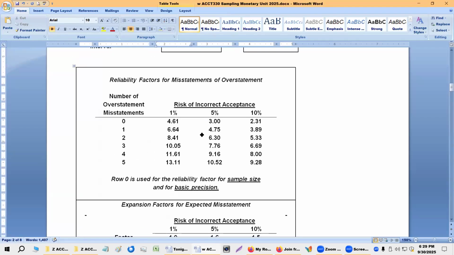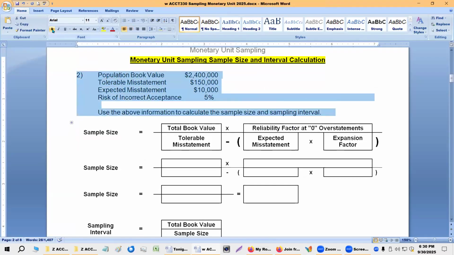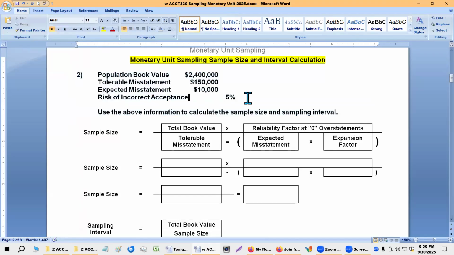All right. Choosing the sample size. This is going to look a little bit archaic, a little bit tedious, but it's actually not that bad, and it's actually much easier than classical sampling.